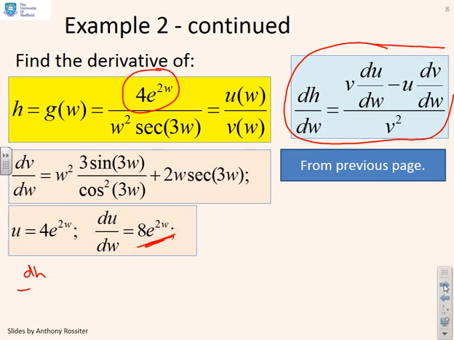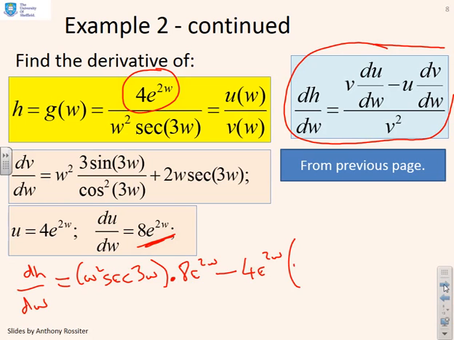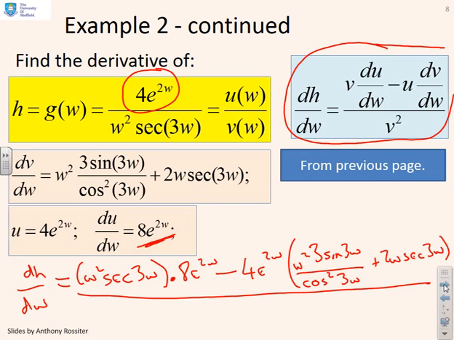So I'm going to get dh/dw equals v, which is w squared sec 3w, times du/dw, which is 8e^(2w), and then we get minus u, which is 4e^(2w), times dv/dw, which is w squared times 3 sine 3w over cos squared 3w plus 2w sec 3w, and everything all divided by v squared, which means you'll get (w squared sec 3w) all squared.